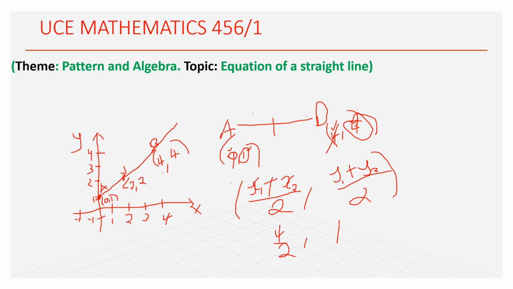Then 5 over 2, that will be 2.5. And this will give us the midpoint, and the midpoint will be 2, and 2.5. So that will be the coordinate of the midpoint.